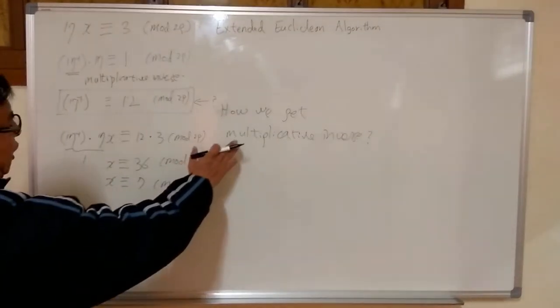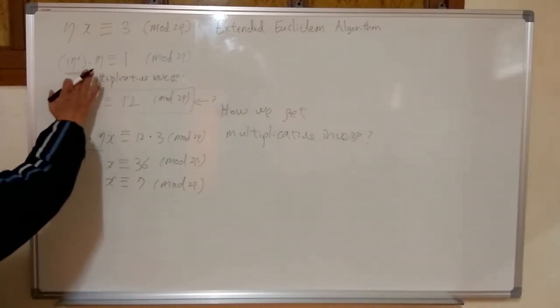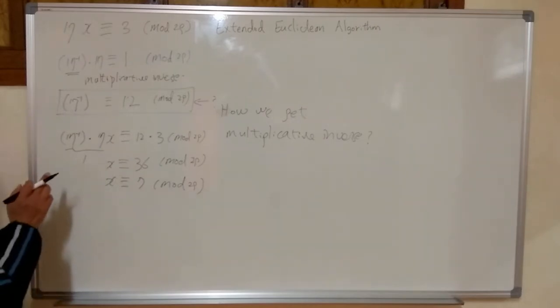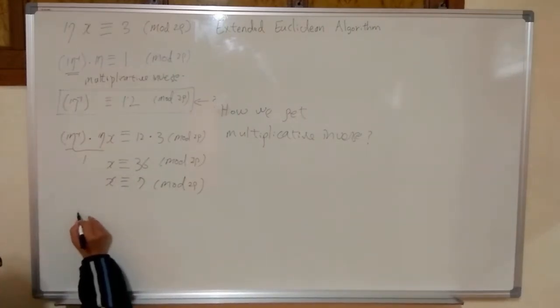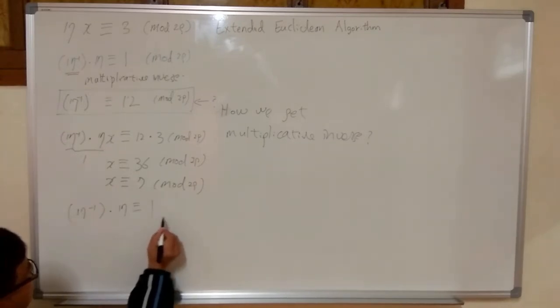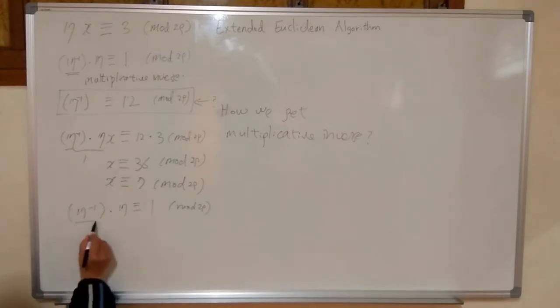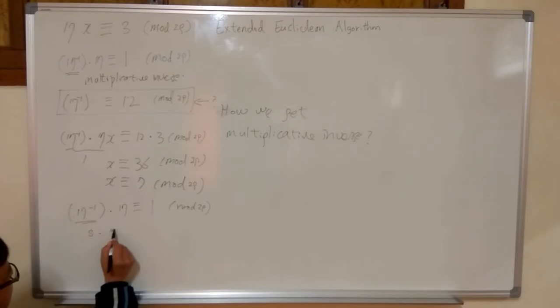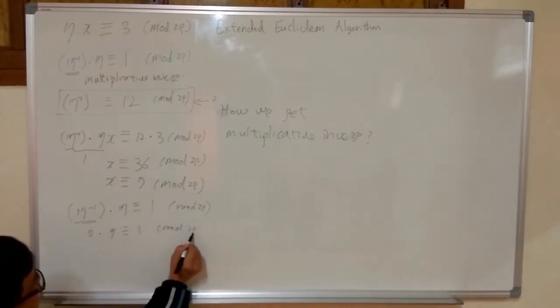To understand this, let's rewrite this equation. 17 inverse times 17 ≡ 1 mod 29. Since we don't know this number yet, I will let it be s, then 17s ≡ 1 mod 29.